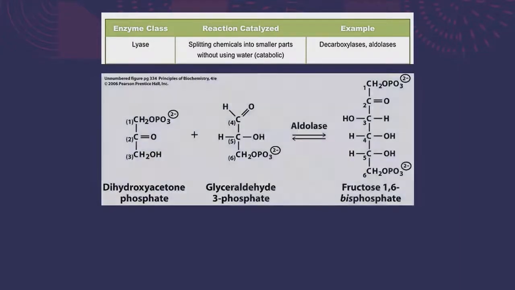An example here is in glycolysis, where fructose 1,6-bisphosphate is broken down or split into glyceraldehyde 3-phosphate and dihydroxyacetone phosphate. Again, the aldolase enzyme is the type of enzyme used in splitting these chemicals into smaller parts.